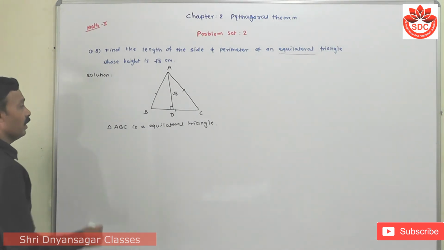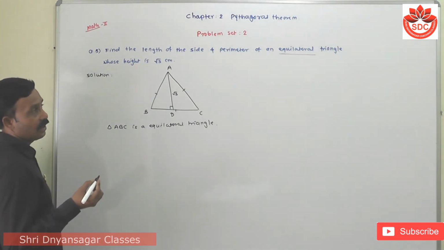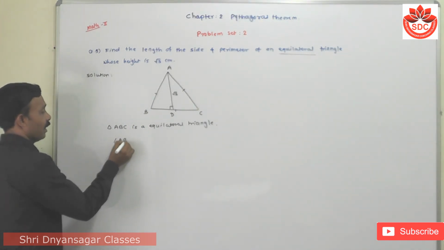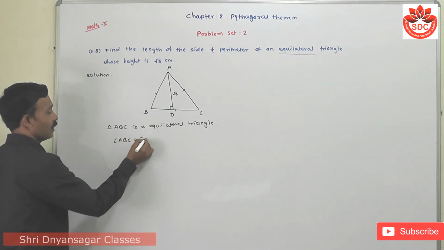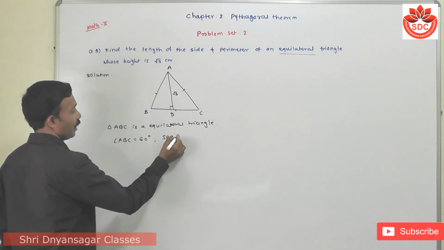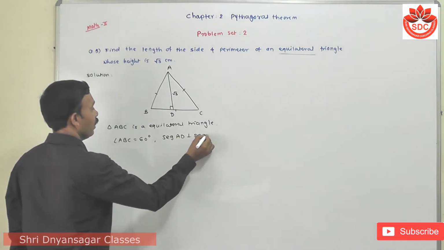Then all of you know that all sides of an equilateral triangle are equal and each angle is also 60 degrees. So I have taken angle ABC equal to 60 degrees, and here segment AD is perpendicular on segment BC.